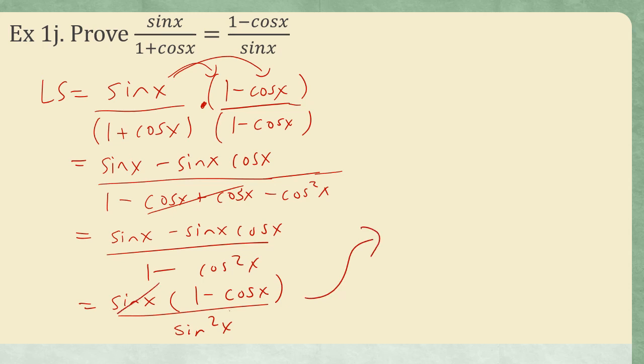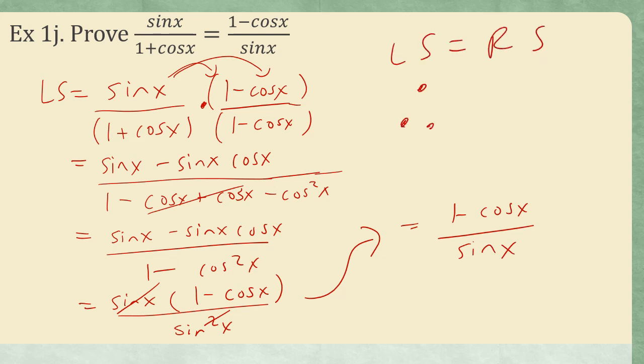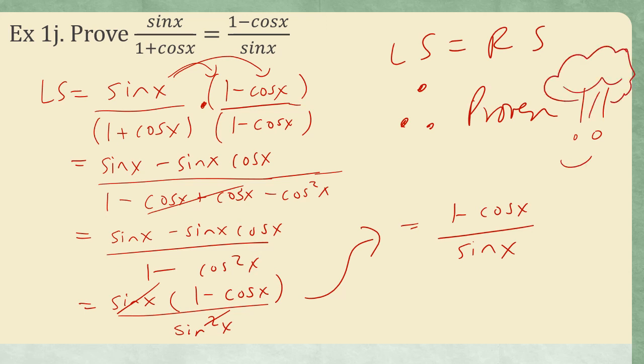Sin x cancels out with one of my 2 on the bottom, and that leaves me with 1 minus cos x all over sin x. Left side equals right side, therefore proven. Maybe that's your mind being blown. Maybe, hopefully not. Either that or you have a giant piece of broccoli on your head.